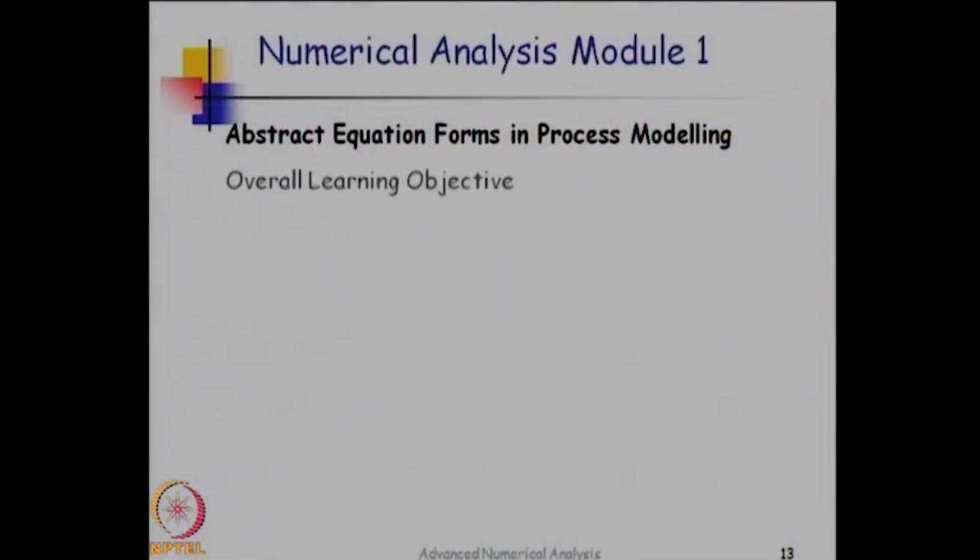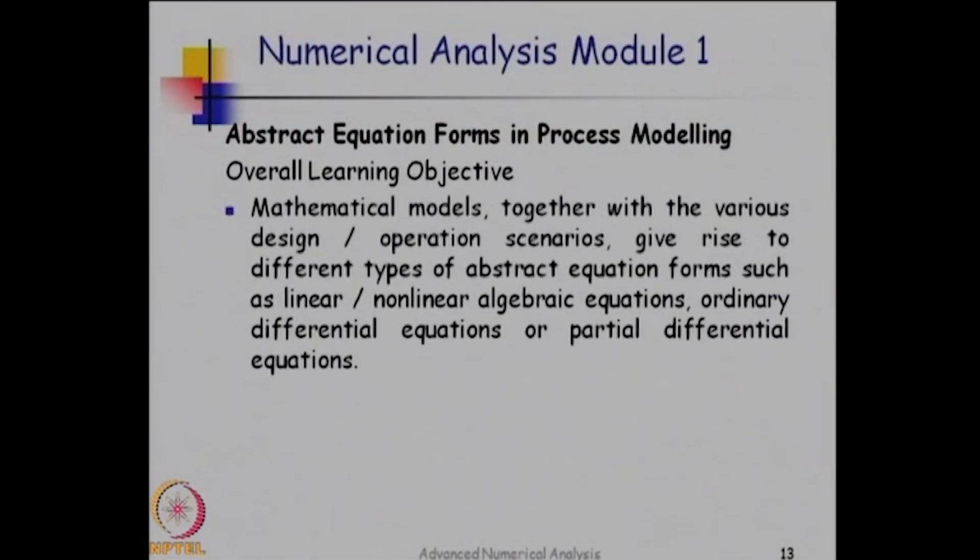Module 1 will consist of abstract equation forms in process modeling. The overall objective is this: mathematical models in chemical engineering, together with a variety of design or operating conditions, give rise to different types of abstract equations or equation forms, like ODEs and partial differential equations.